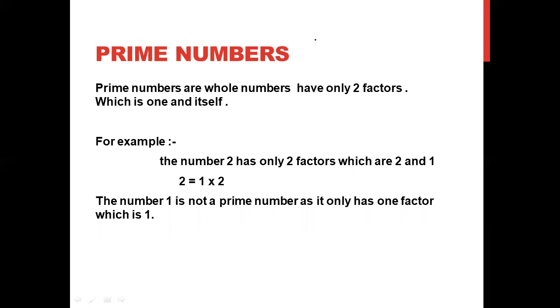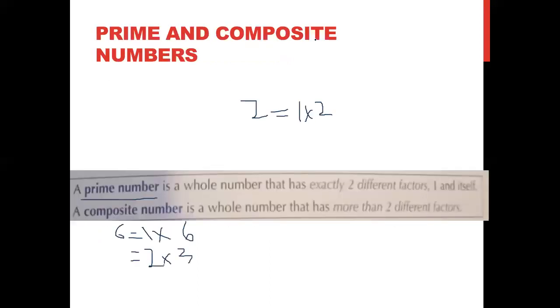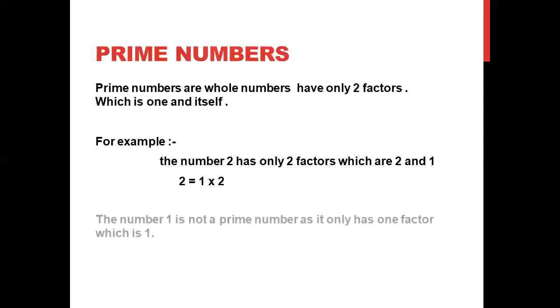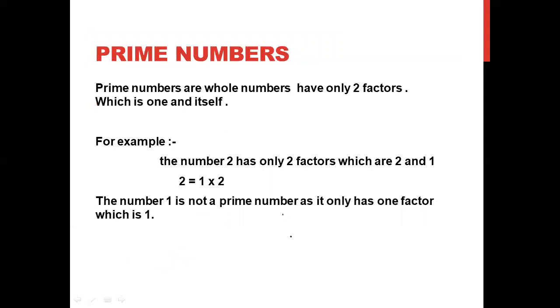Now look at 1. 1 is not a prime number nor a composite number. Why? Because, as we said, a composite number is a whole number that has more than two different factors, whereas 1 has only one factor, that is, 1 is equal to 1 multiplied by 1.